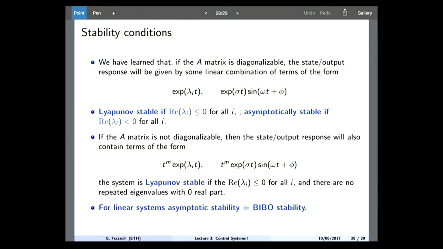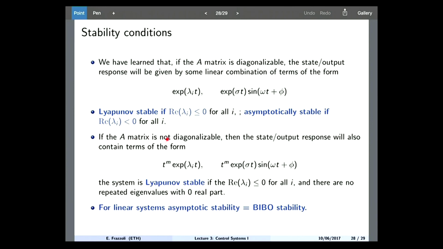In particular, if the real part is negative, then the system will actually converge to 0. So I will say that my system is asymptotically stable if the real part of all the eigenvalues is strictly negative.